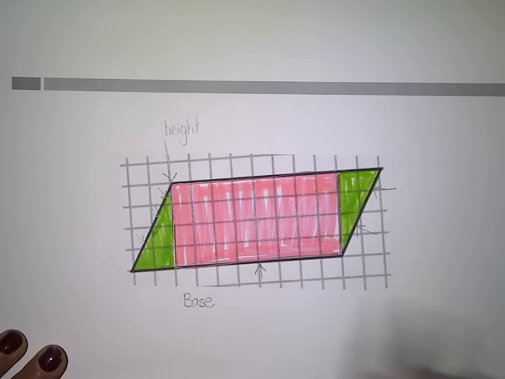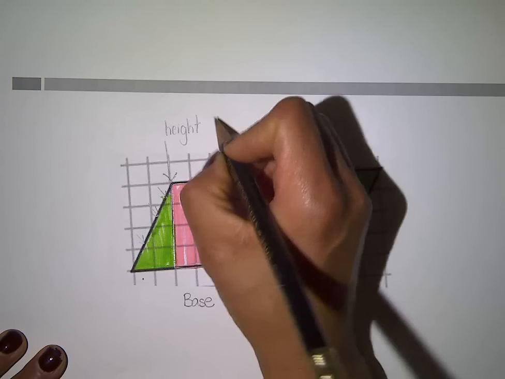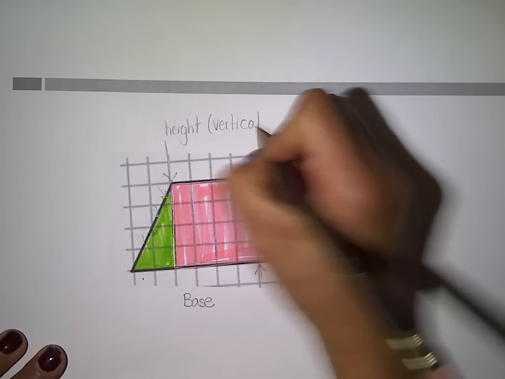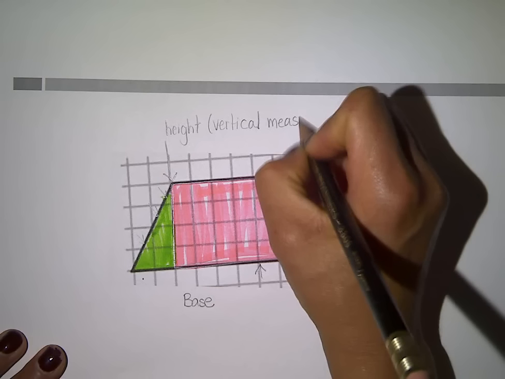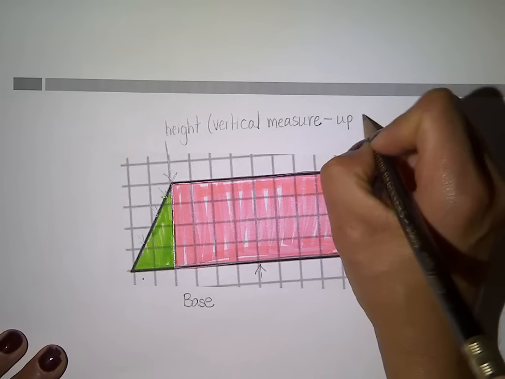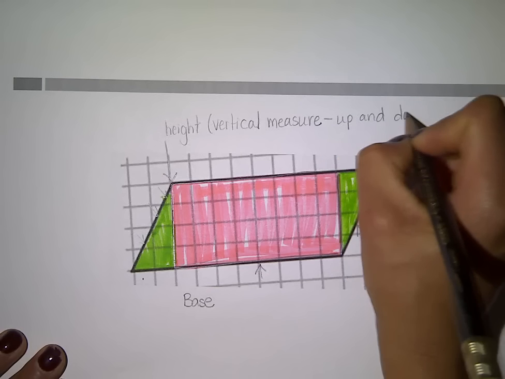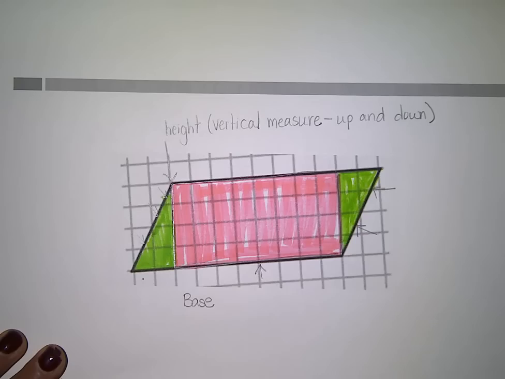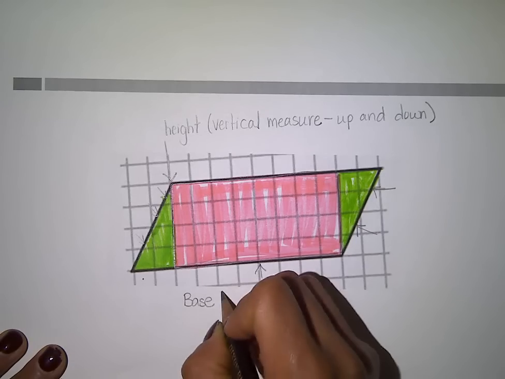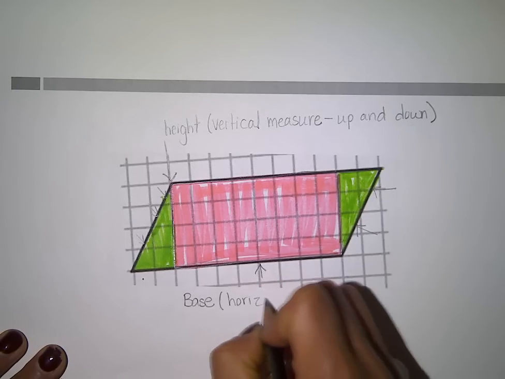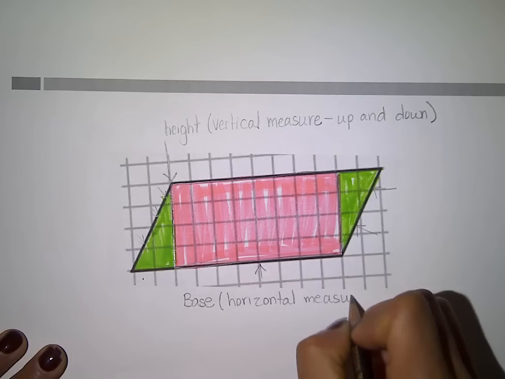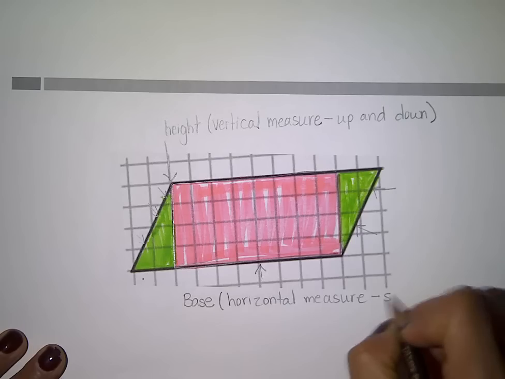We will use the height, which is the vertical measure, or up and down, and the base, which is the horizontal, or side to side.